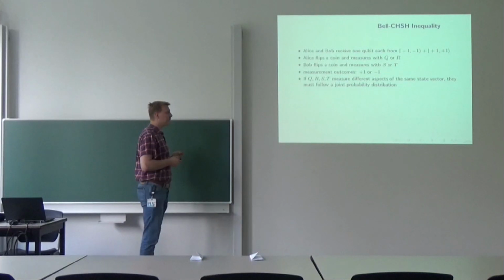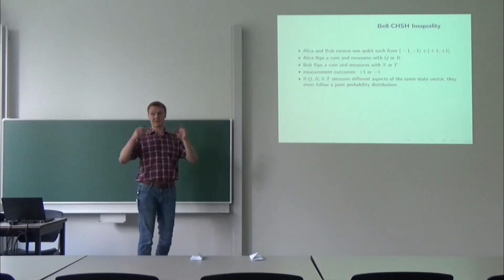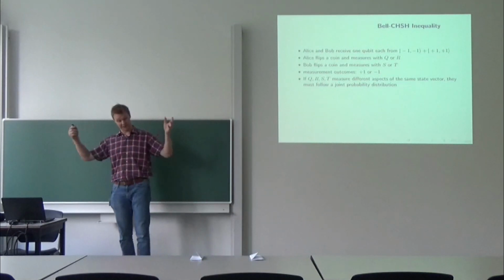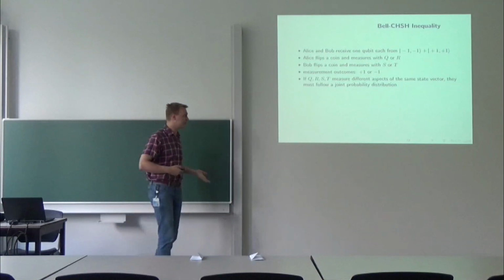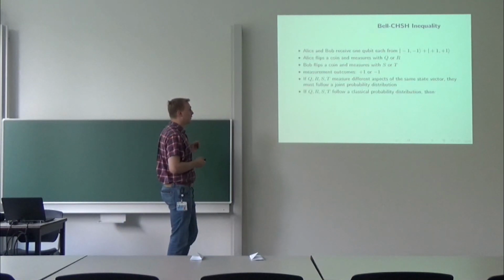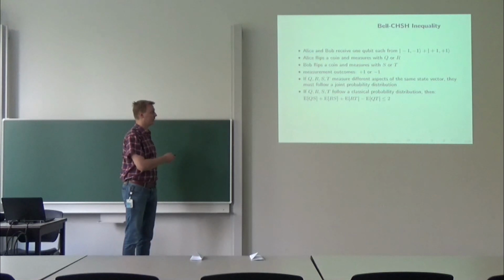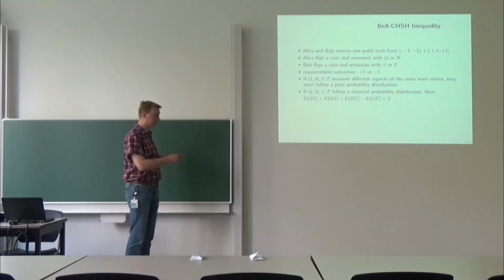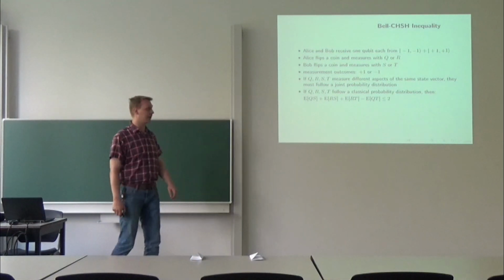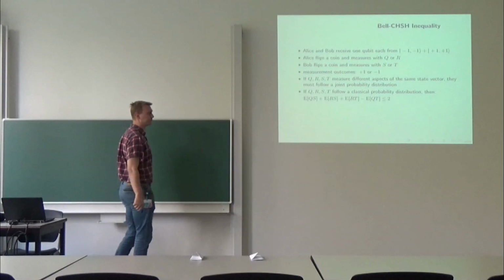So, if it is true that the system satisfies a classical probability distribution, then we have this inequality. The sum of all expectation values of products, with one added negation sign, has to be less than or equal to 2.